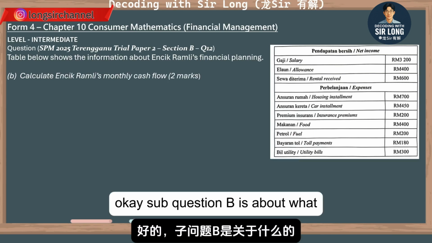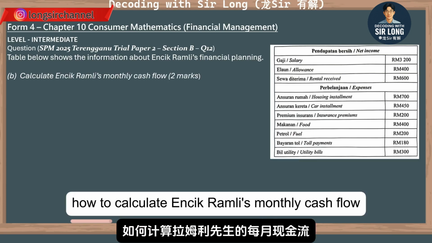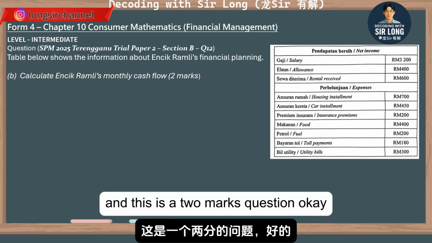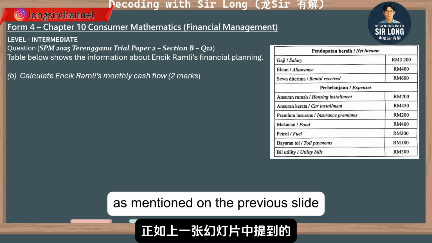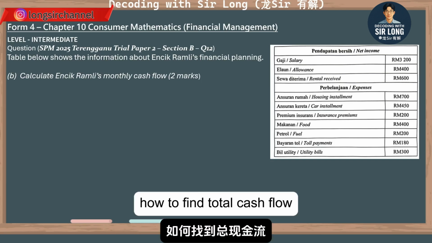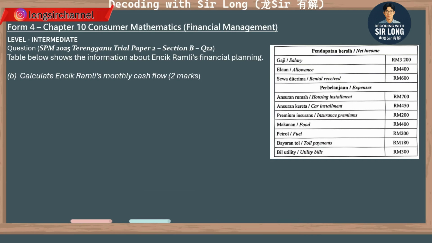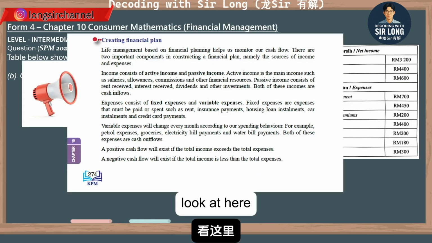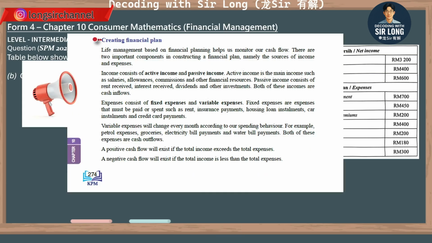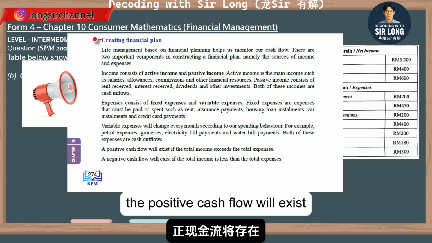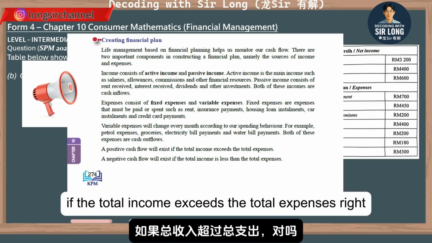Okay, sub-question B is about what? It's about how to calculate Encik Ramli's monthly cash flow, and this is a 2 marks question. As mentioned on the previous slide, how to find total cash flow? Look at here. The positive cash flow will exist if the total income exceeds the total expenses, right?